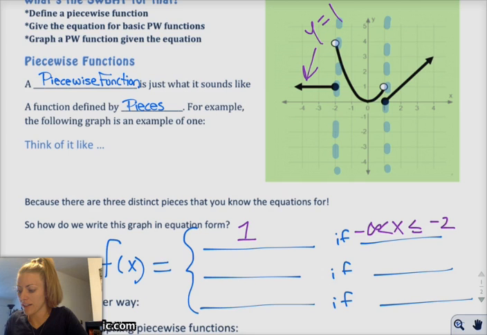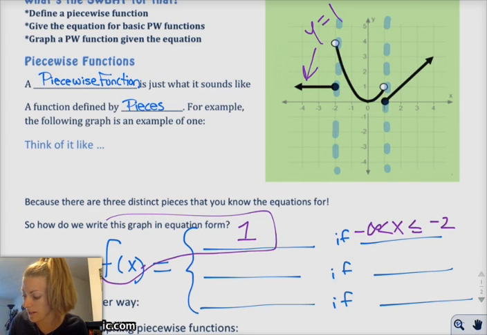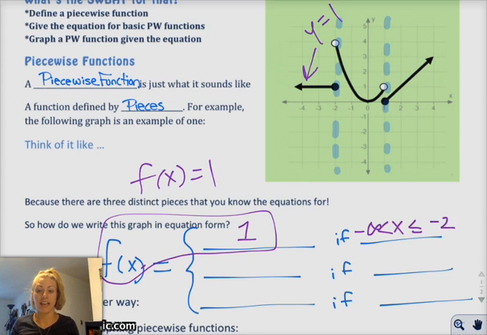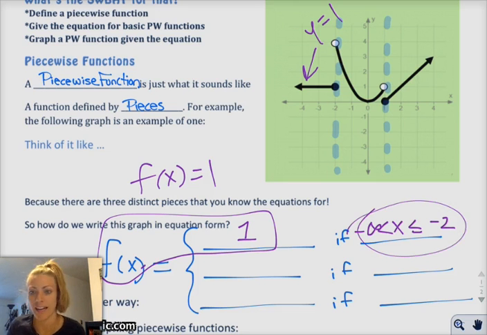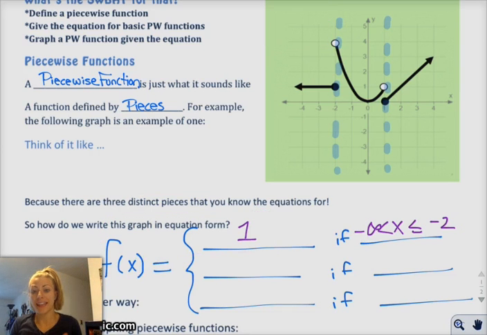And so we're just saying that's the equation of the line when x is between -infinity and -2.